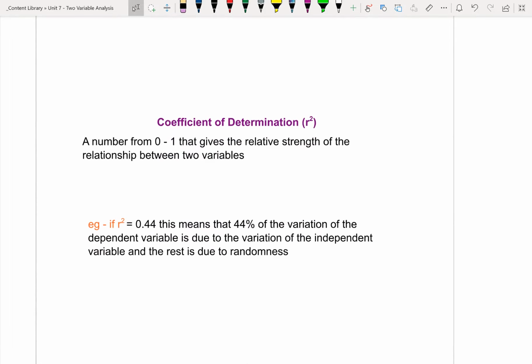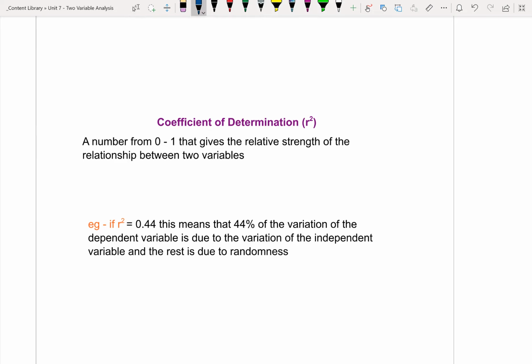Another value, the coefficient of determination, is just the R value squared. This is a number from 0 to 1 that gives the relative strength of the relationship between two variables. The R value told us how well it modeled a linear relationship. The R squared value tells us the strength of the relationship between the two variables. So yes, they could model a linear relationship, but what is the strength between the two variables?